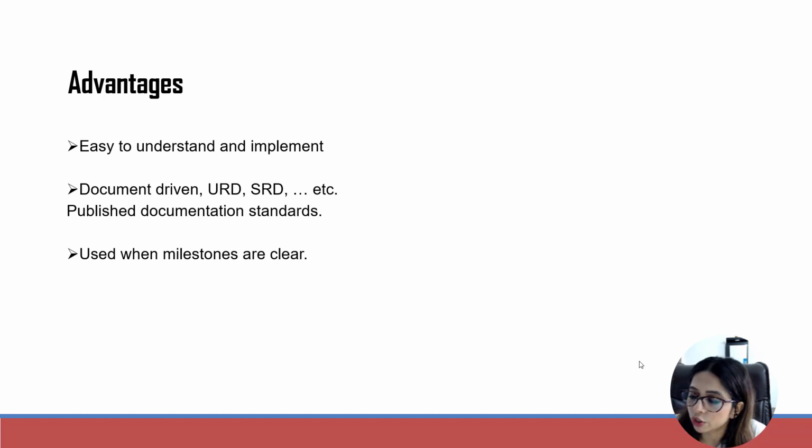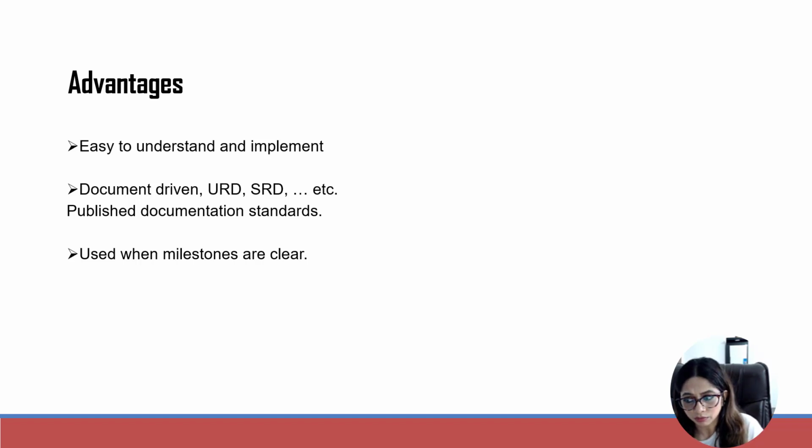Now, we should be using this model where the milestones are very clear. Yes, because you cannot go back, as we said, one of the disadvantages of this model. So we have to know that we have to deliver this much in this time frame, and we have to perform accordingly.